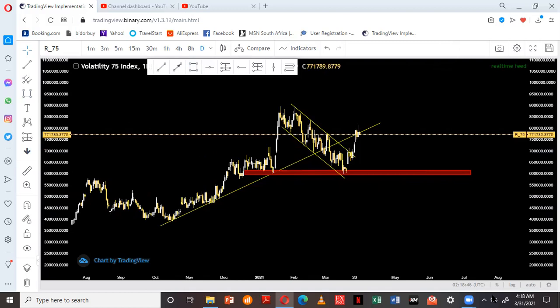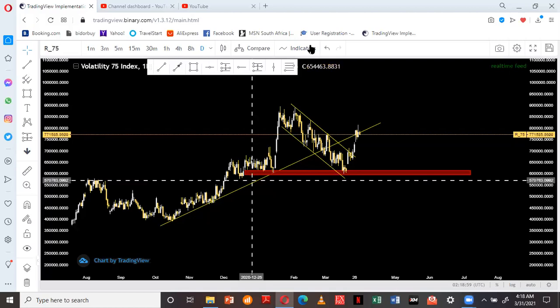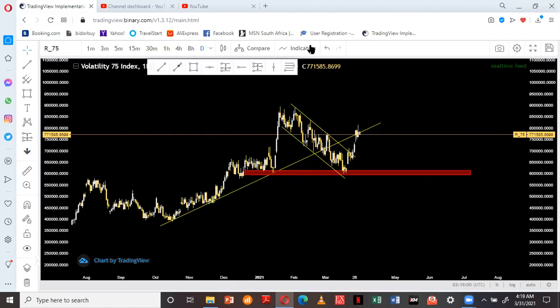We can see that we previously broke out of that trend line. Talking about this trend line here. Now let me identify it. You can see it was this one, the straight one.